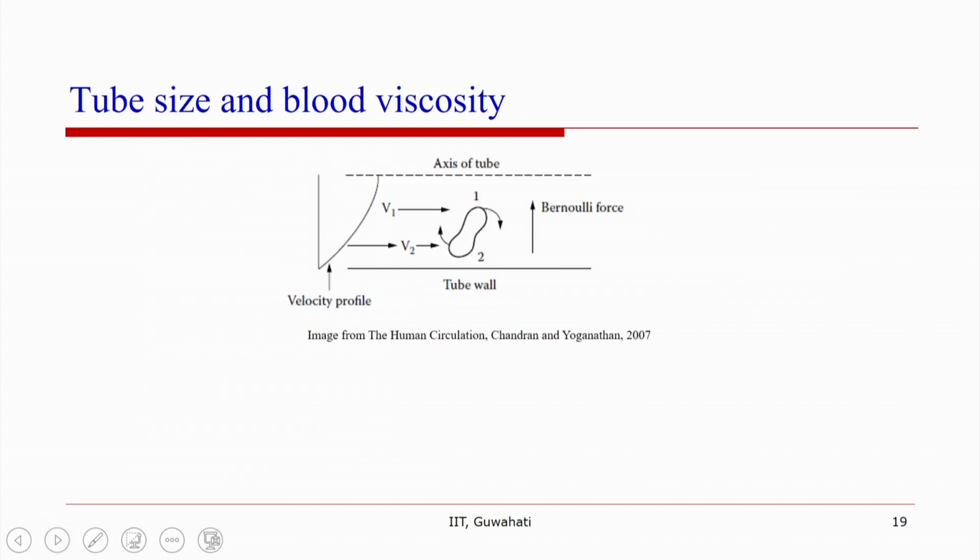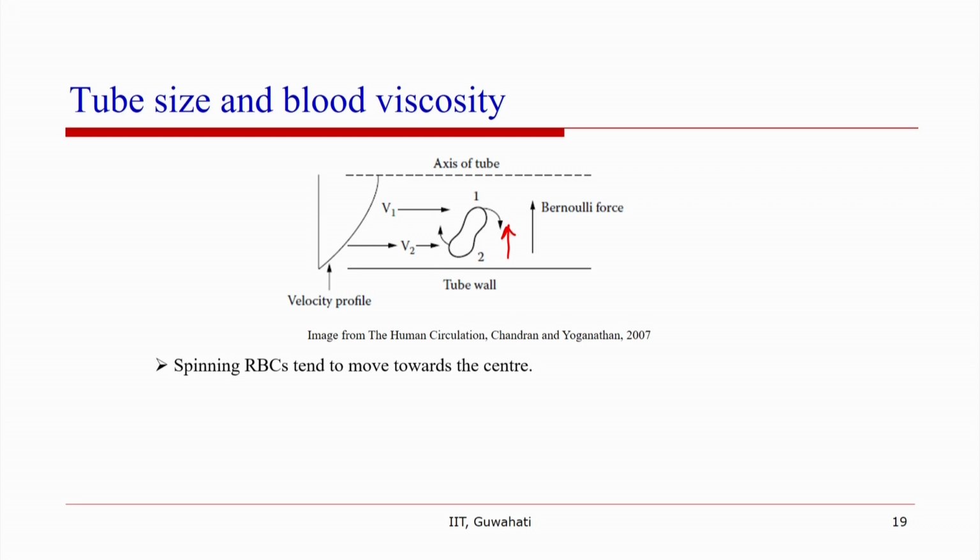Why does that happen? It has been explained in the literature that when the red blood cells flow in a channel, because of the velocity profile or the velocity gradients, they spin, and spinning RBCs have a lift force that pushes them away from the wall.